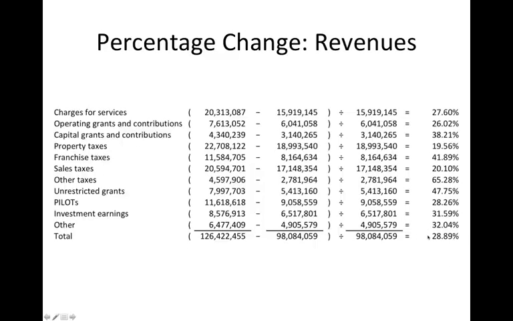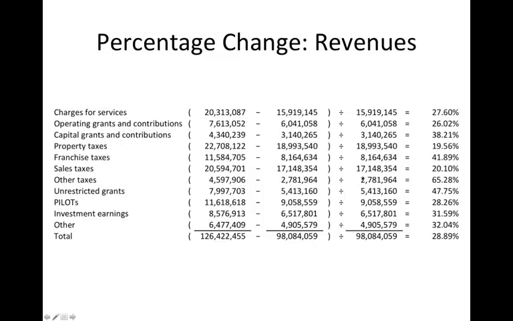What I like to do to eyeball these numbers is to start with that total number, the 29%, and look for changes that are either much higher or much lower than that. So, for instance, the other taxes grew 65%. I think, if I remember correctly, that's going to be that public service tax, and there may be something else in there as well.